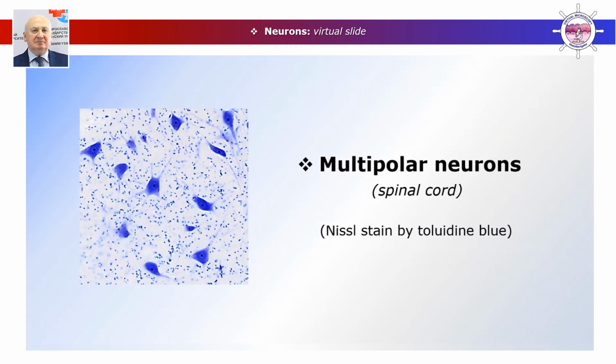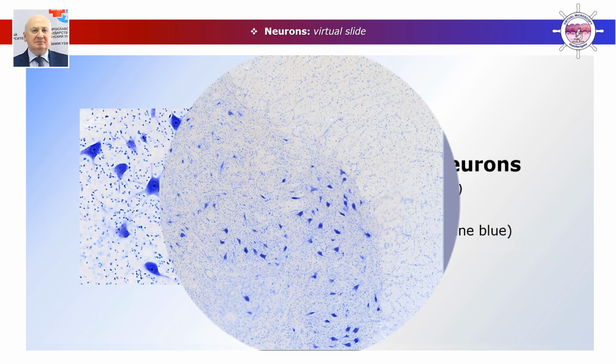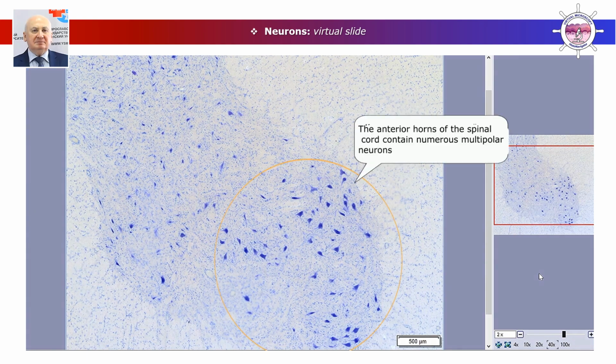Chromatophilic substance in multipolar neurons of the spinal cord. The anterior horns of the spinal cord contain numerous multipolar neurons.